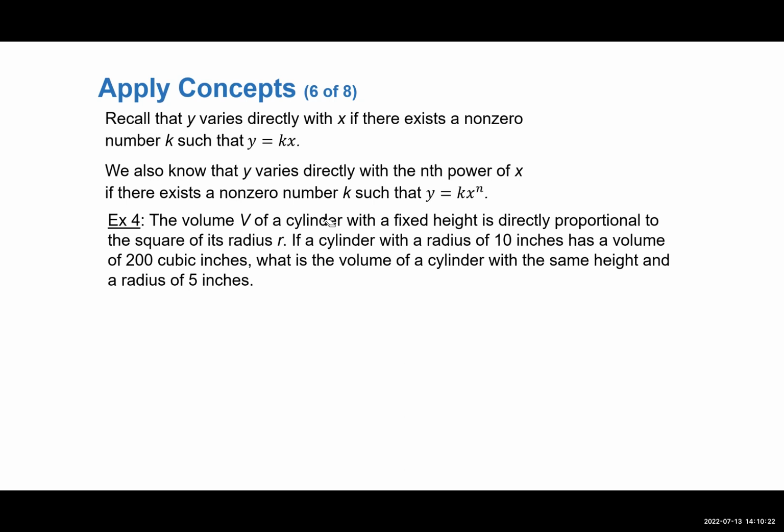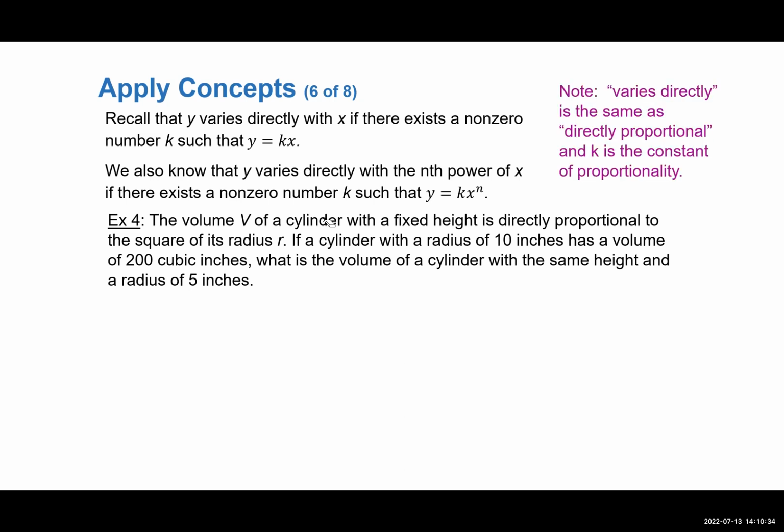If a cylinder has a radius of 10 and a volume of 200, then what's the volume of a cylinder with the same height and a radius of 5? So we first have to realize we're dealing with this direct proportionality, and we have to find our k value. So this is saying volume equals k times r squared. That's what that first statement says. The volume is directly proportional to the radius squared. So we have V equals k r squared, and we got that from that first sentence.